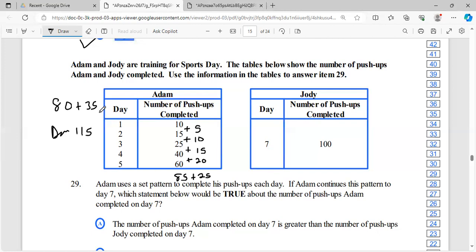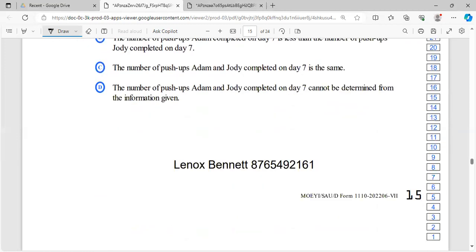Alright, so the number of push-ups Adam completed on day 7 is greater than the number Jody completed on day 7, because Adam would have completed 115 and Jody only 100.